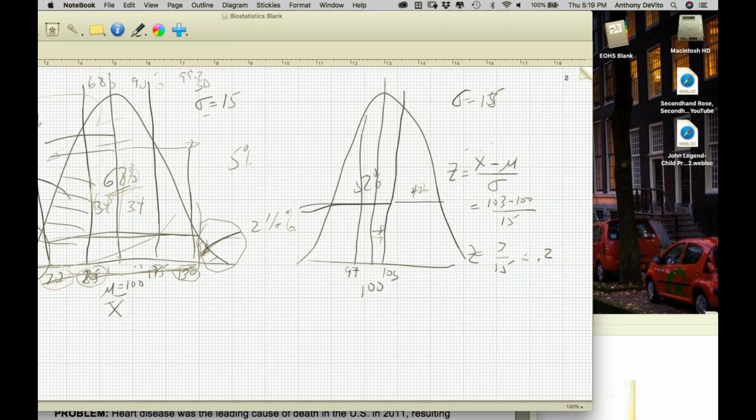Okay, well, let's see what the z-score is for that. Z is equal to x minus mu over sigma. So it's going to be 97 minus 100 over 15. That's equal to minus 3 over 15. And that's equal to negative 0.2. Right? So we're going to be on the other side of that table.